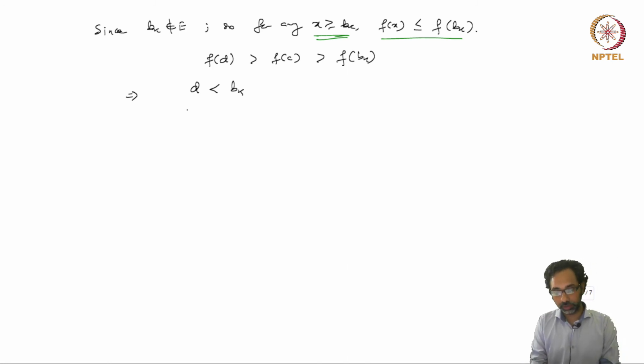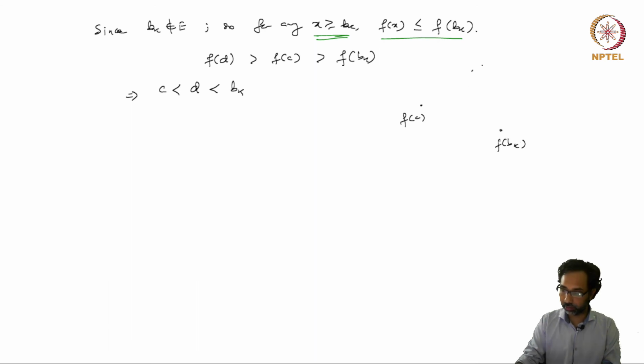So we have found a point d between c naught and bk, strictly lying in the interior of these two points, such that f(d) is greater than f(c naught), which is greater than f(bk). So here we have f(c naught), here we have f(bk), and here we have f(d).